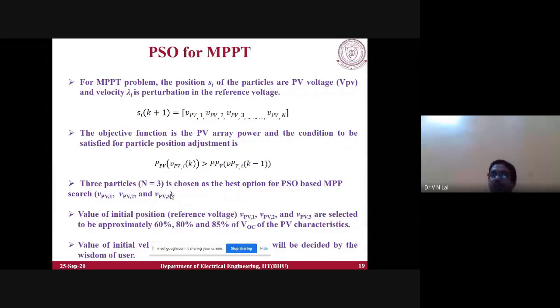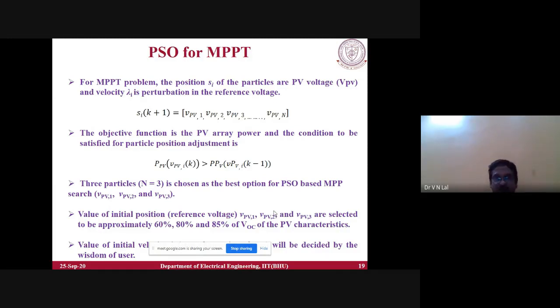For that purpose, we are using one rule, and it is giving quite good, satisfactory results: 60%, 80%, and 85% of VOC of the PV characteristic. If initialization is done at 60%, 80%, and 85% of VOC, it will be able to search the MPP in any type of environmental condition.